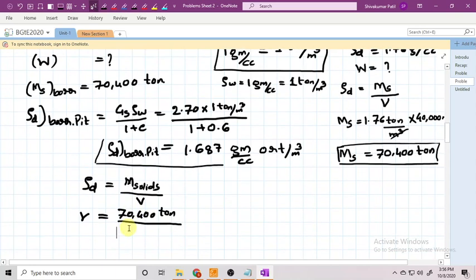Okay, so just now we found out dry density as 1.687 ton per meter cube. Okay, so this ton will get cancelled. So whatever answer you will get, that will be in terms of meter cube. So this will go in the numerator, so it will come in terms of cubic meter. So how much cubic meter you will get? Substitute in your calculator and calculate.